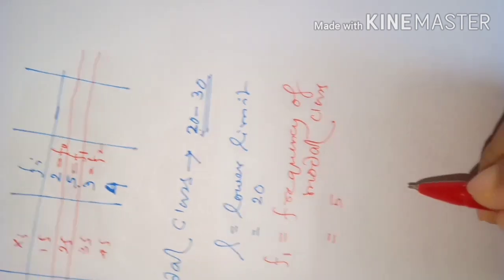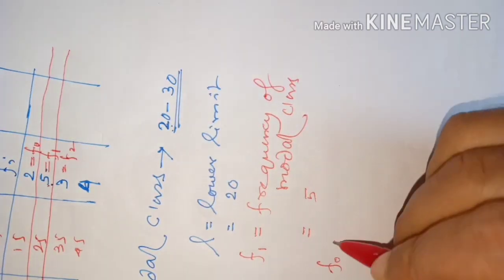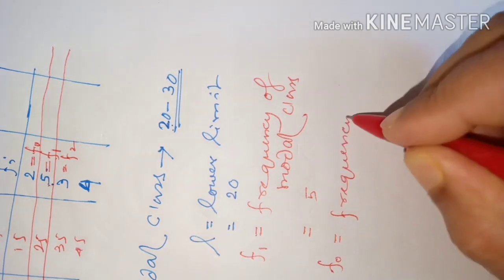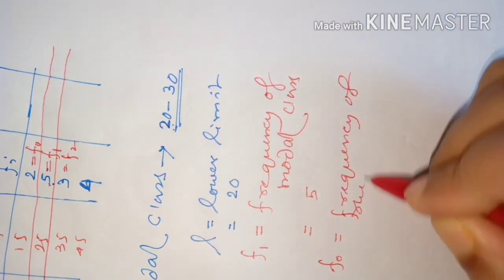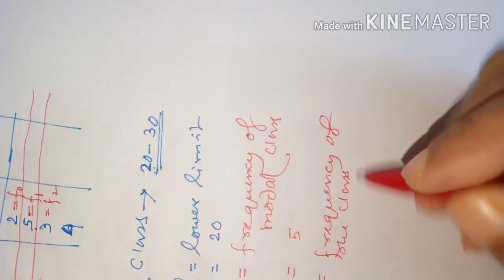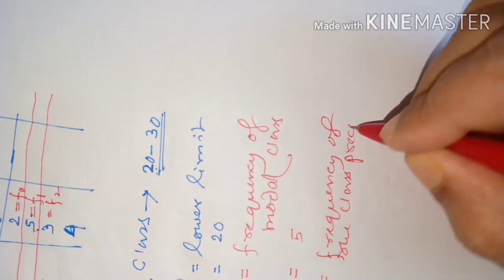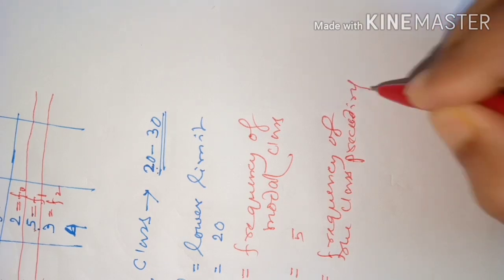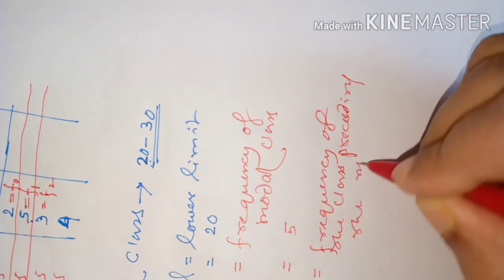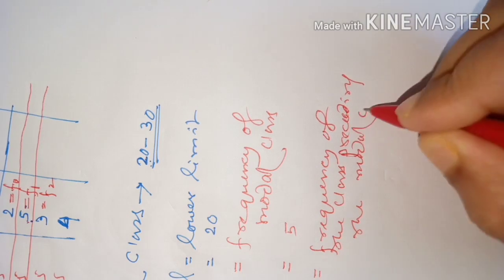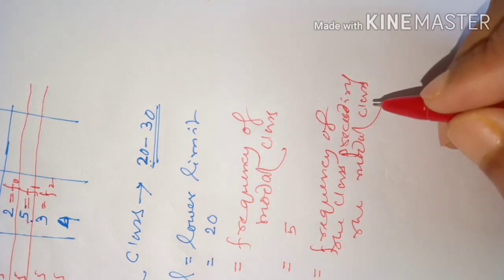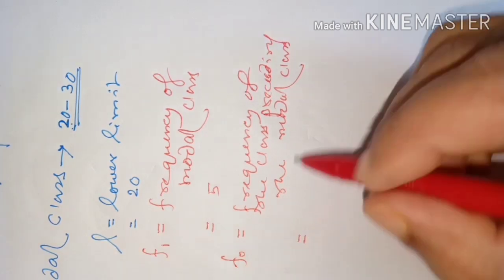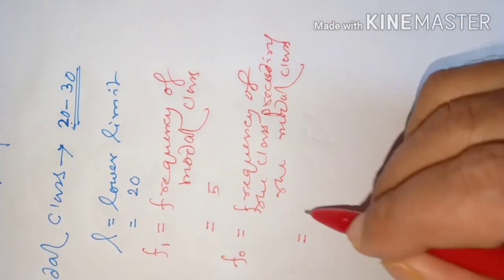F0 is the frequency of the class preceding the model class, so F0 is 2.